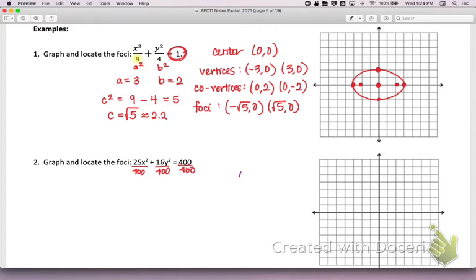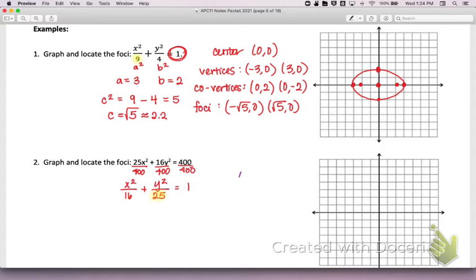Let's see, 25 goes into 400 16 times. So this comes out to x squared over 16. And then 16 goes into 400 25 times, and that's equal to 1. So now you can see on this one, the bigger number is underneath the y squared. So this one is going to be a vertical ellipse.